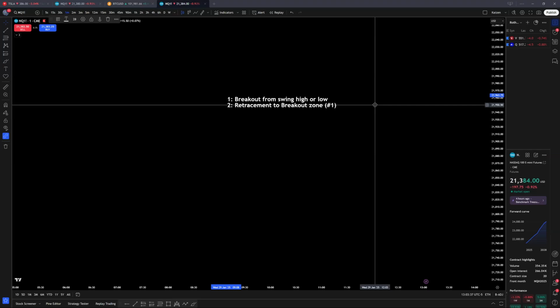Number three, you're going to look to move above the high or low of number one. And then number four is a move below or above number two's high or low. And then this is where you would enter the golden SBS, which is a 0.618 fib.